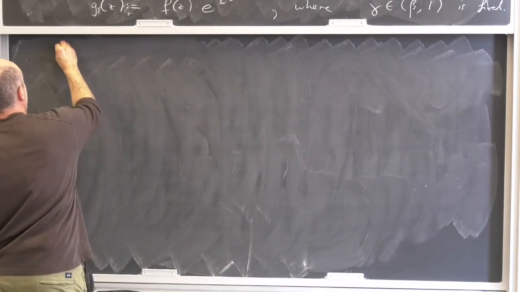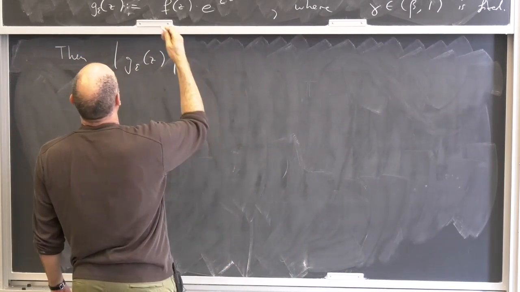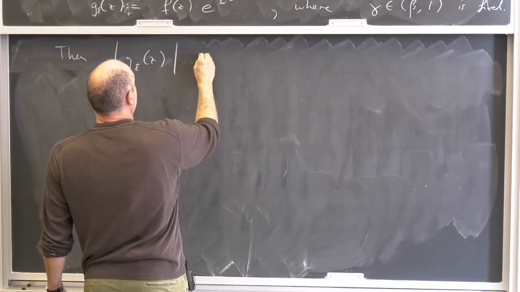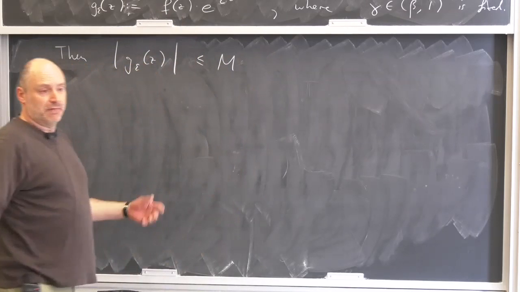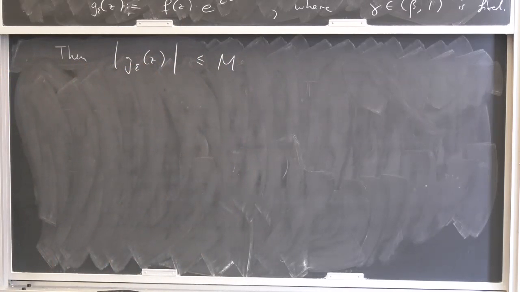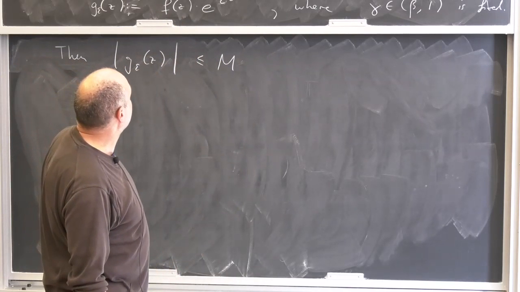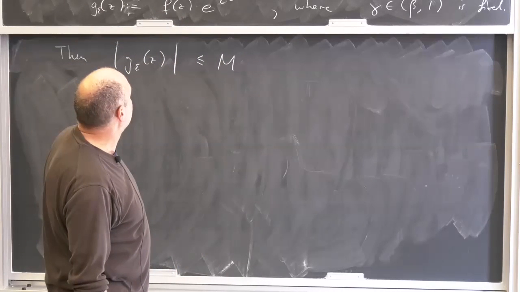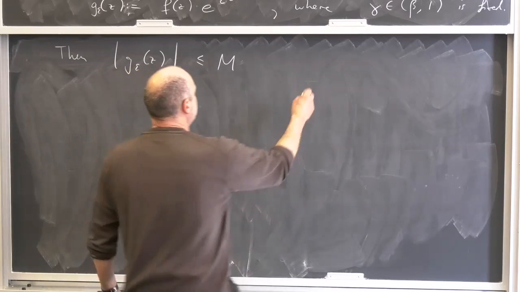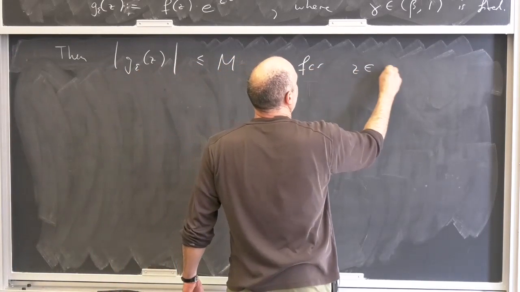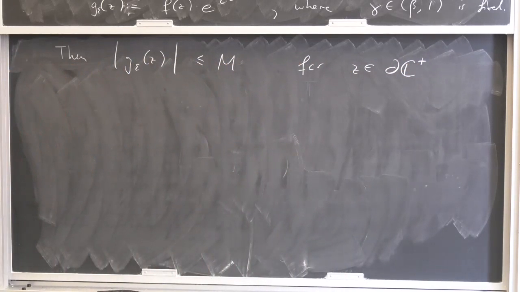So the absolute value of g epsilon of z on the imaginary axis is at most M, because the other part is bounded by 1, for z in the boundary of C plus, so the imaginary axis.